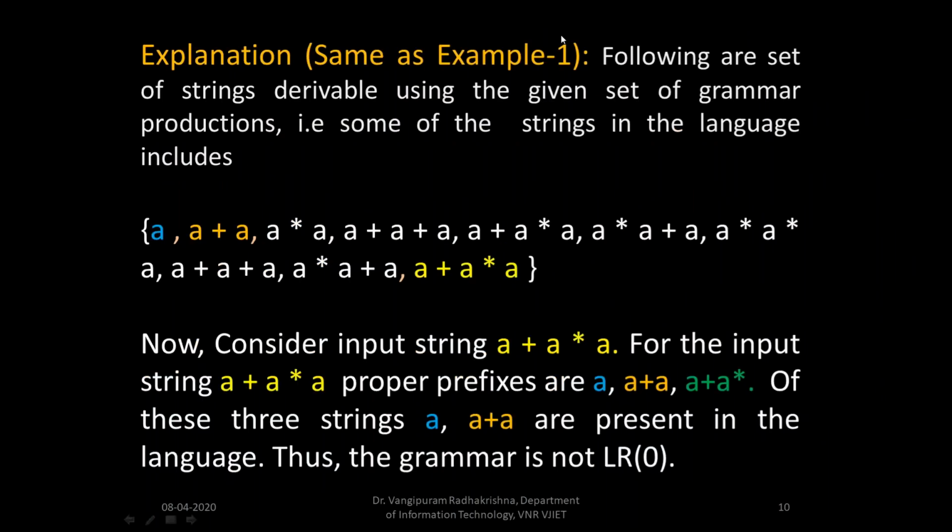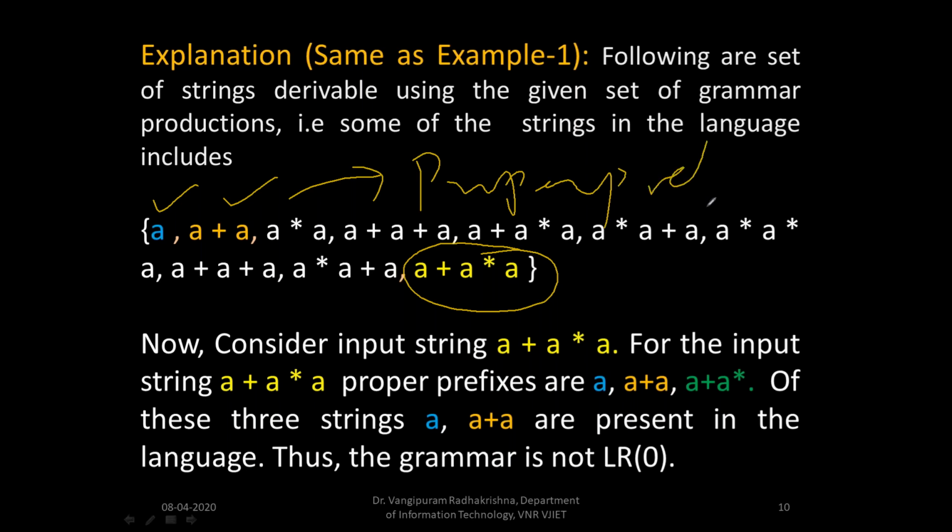So here is a set of all possible strings which are generated till length 3 by considering some of the productions. And then similar to the previous example, we are choosing a plus a star a as the randomly chosen string. And for this a plus a star a, strings of the form a and a plus a are proper prefixes.